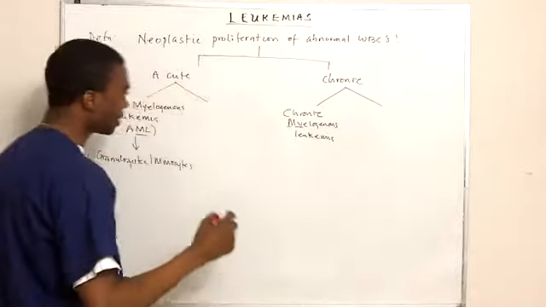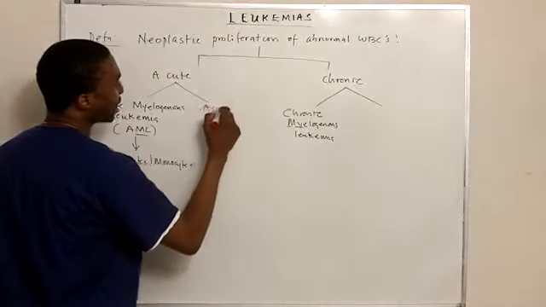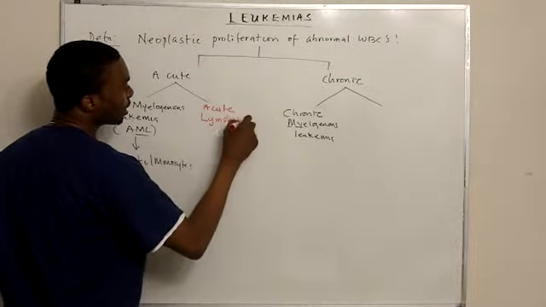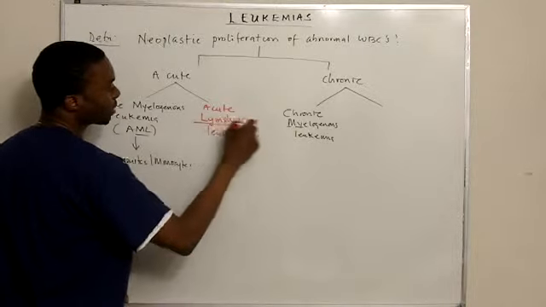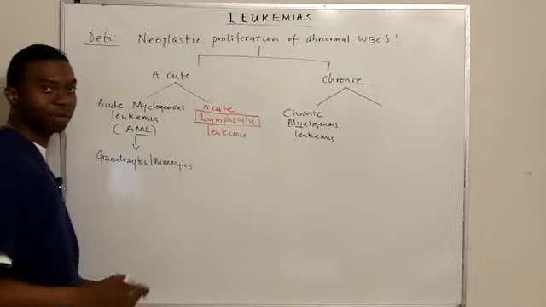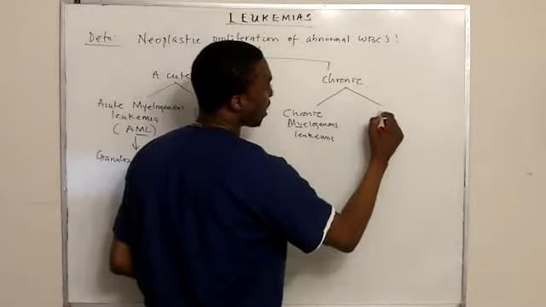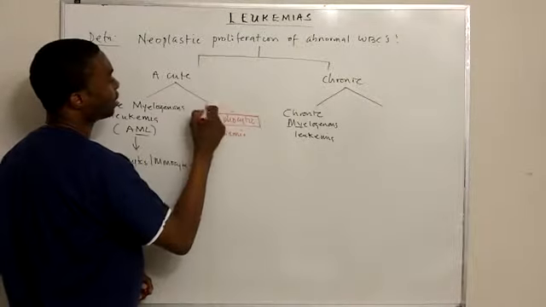If it's a lymphocytic distribution of the leukemia, we call that an acute lymphocytic leukemia. See that? The word lymphocytes, probably a B cell or a T cell. And if it's a chronic form, it's an error, that's acute, correct?